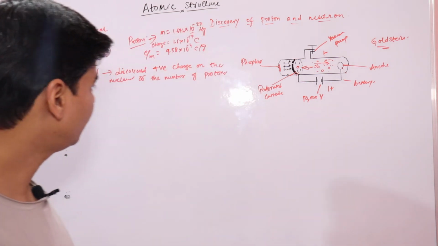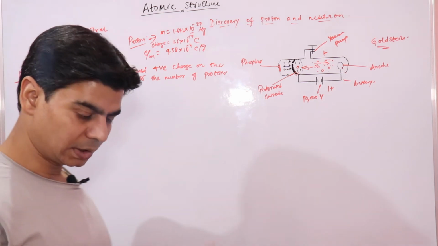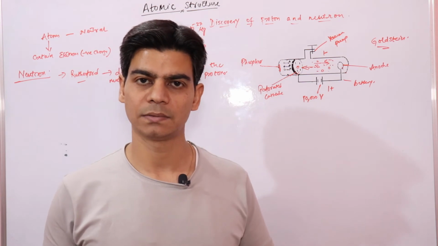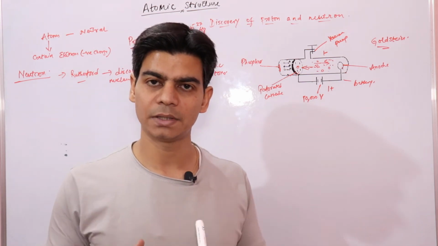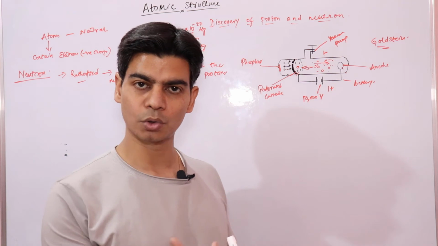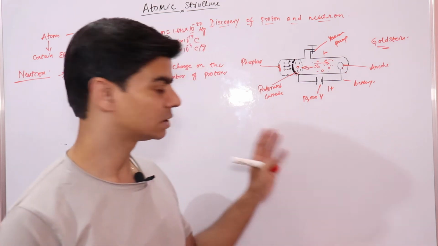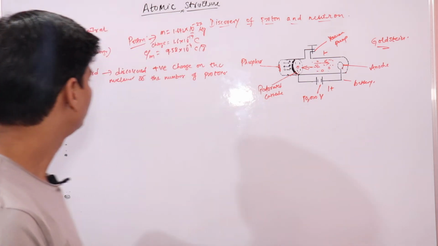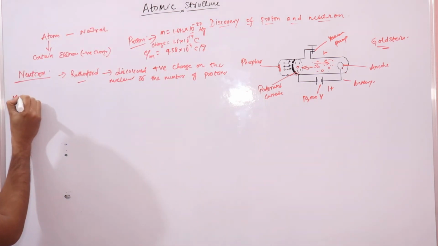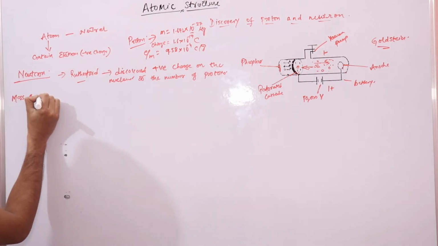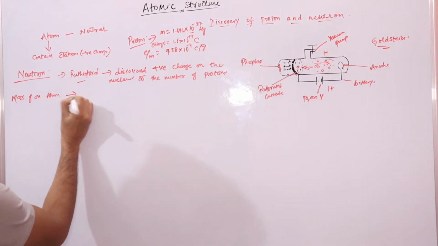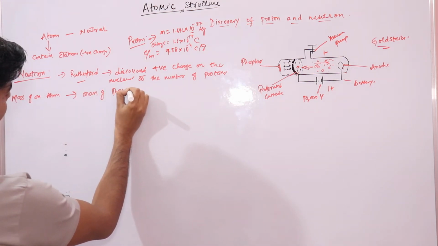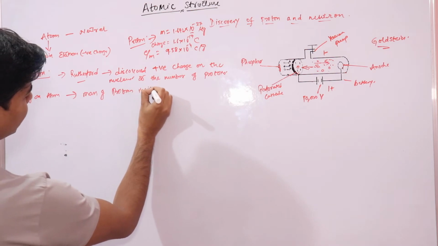Since the electrons revolving around the nucleus have negligible mass, the mass of an atom is due to the mass of the protons inside the nucleus.